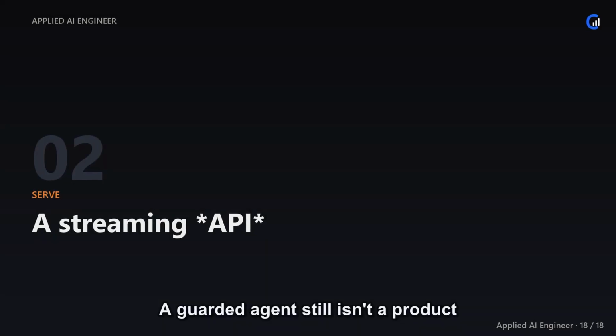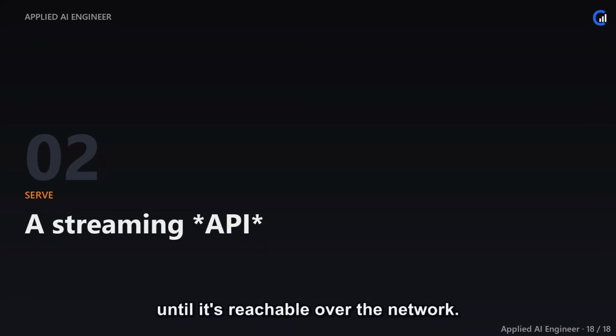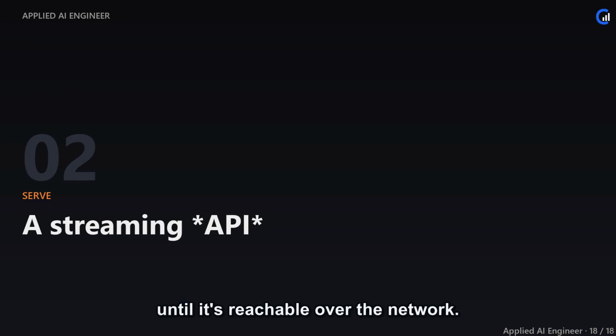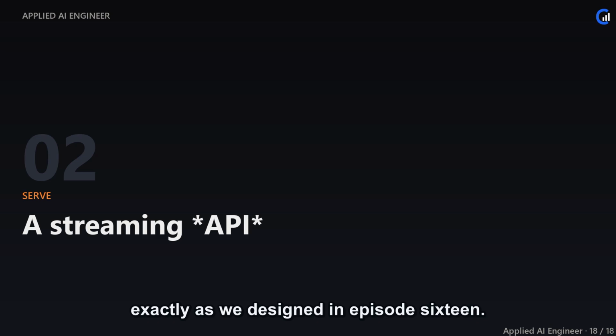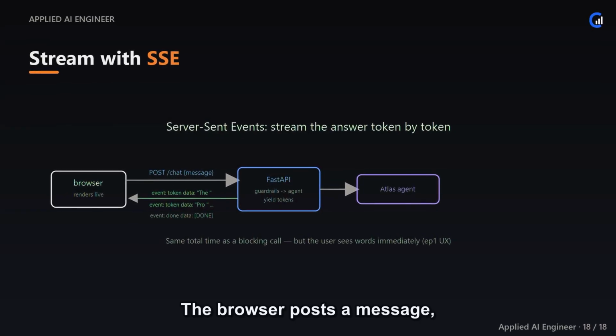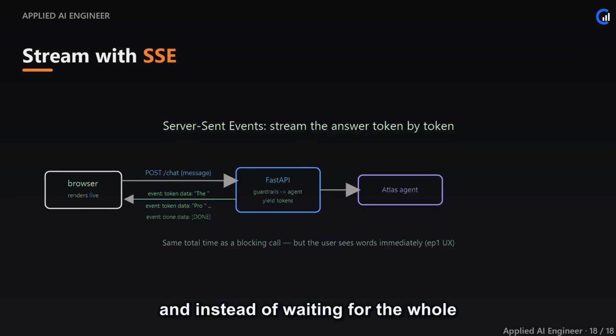A guarded agent still isn't a product until it's reachable over the network. So we wrap Atlas in a FastAPI service that streams its answers, exactly as we designed in episode 16. The browser posts a message, and instead of waiting for the whole answer, the server streams it back as server-sent events, one small token event after another, then a done event.